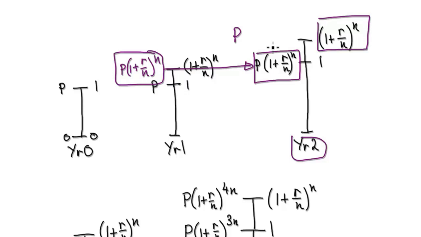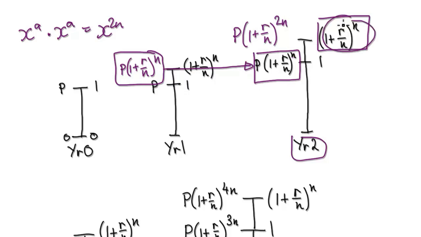So the amount in the bank would be P(1 + r/n)^(2n), because this is exactly the same as this. Remember, x to the power of a times x to the power of a is x to the power of 2a. So this times this represents the amount of money you will have at the end of year 2.